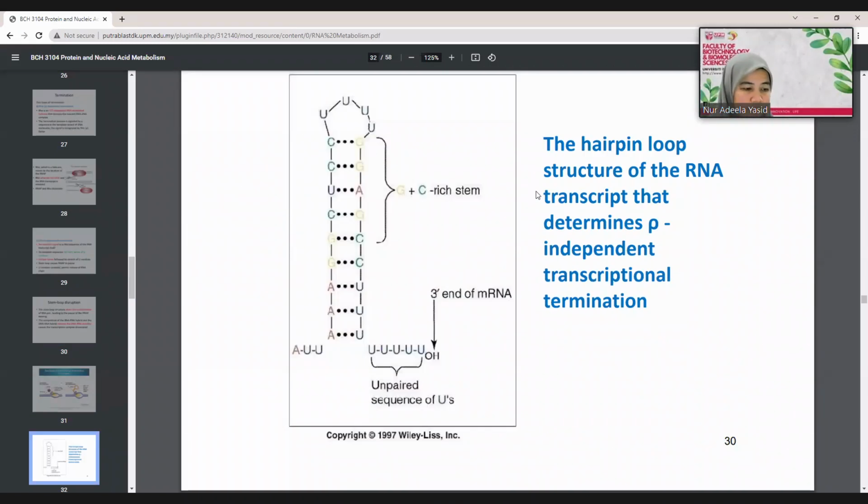At the same time, it has this unpaired sequence of uracil residues, a series of uracil residues at the end of the stem loop. So once kalau dia alter the conformation, it will reduce the stability of the complex.